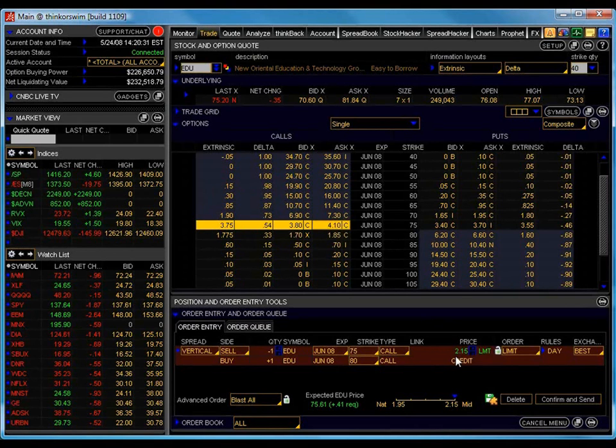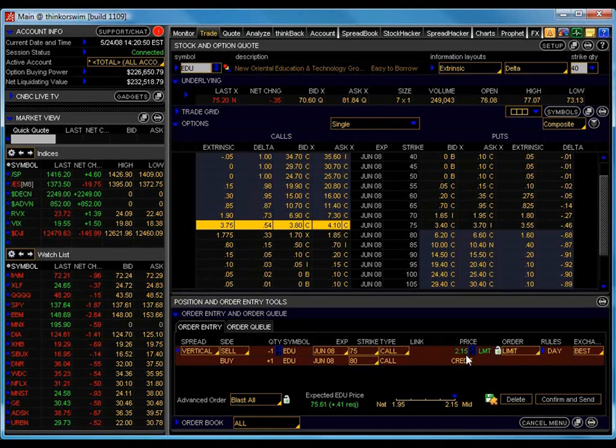When we go to buy these options back, we're buying back the 75 and we're selling the 80, we're buying back the spread. We hope to buy it back for nothing. Hopefully we can just let it expire and we collect the maximum profit.